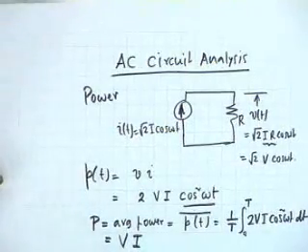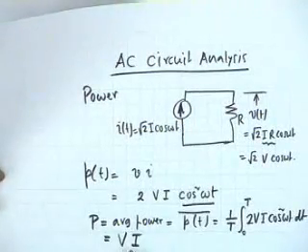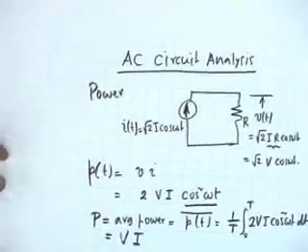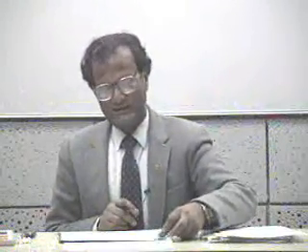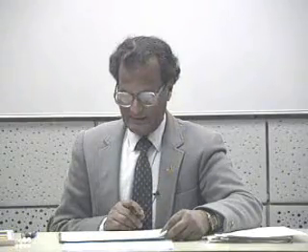And you know the unit for this is watt. V I, volts into amperes, it is watt. And therefore in an AC circuit, if there is a resistance and the current and voltage amplitudes are root 2 V and root 2 I, the average power dissipated in the circuit is the product of the root mean squared values of voltage and current.